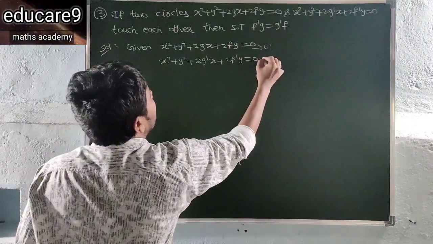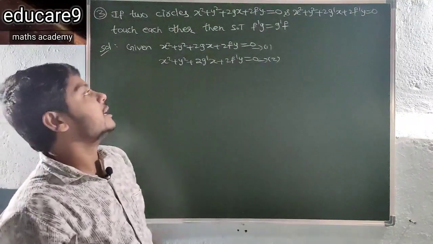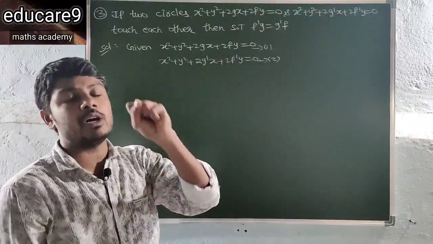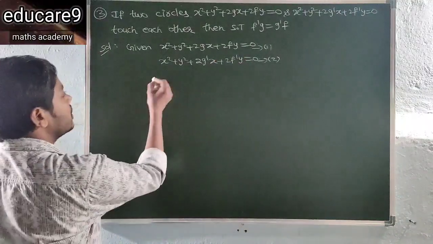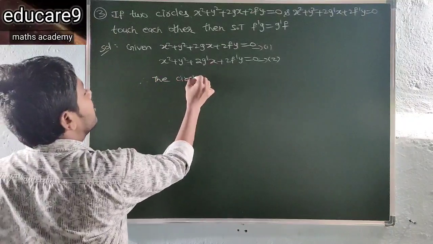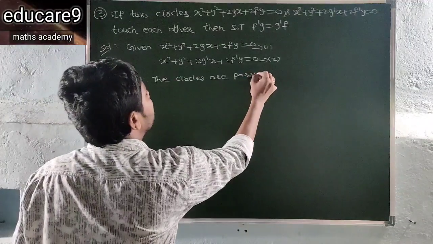So this is equation 1, this is equation 2. So clearly there is no constant in both circles. So clearly these two circles are passing through the origin. So therefore these circles are passing through the origin.